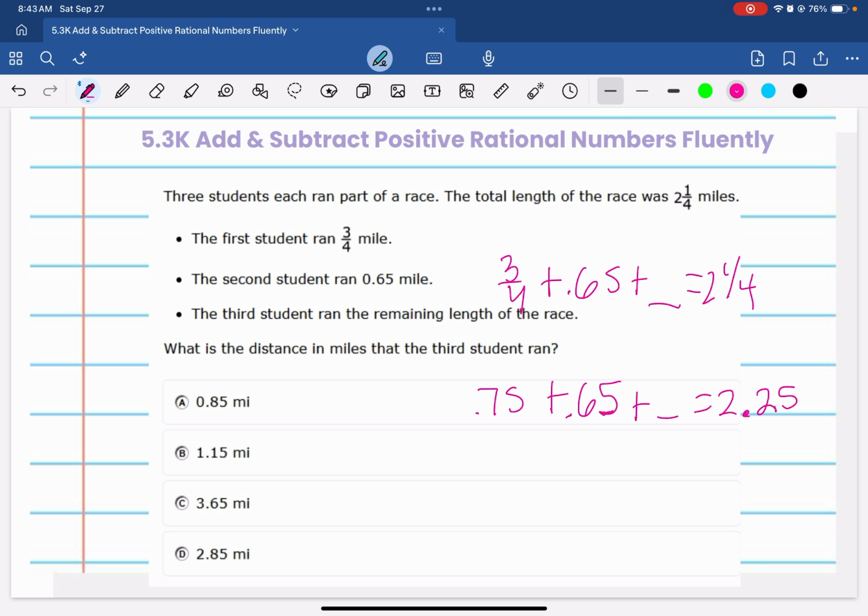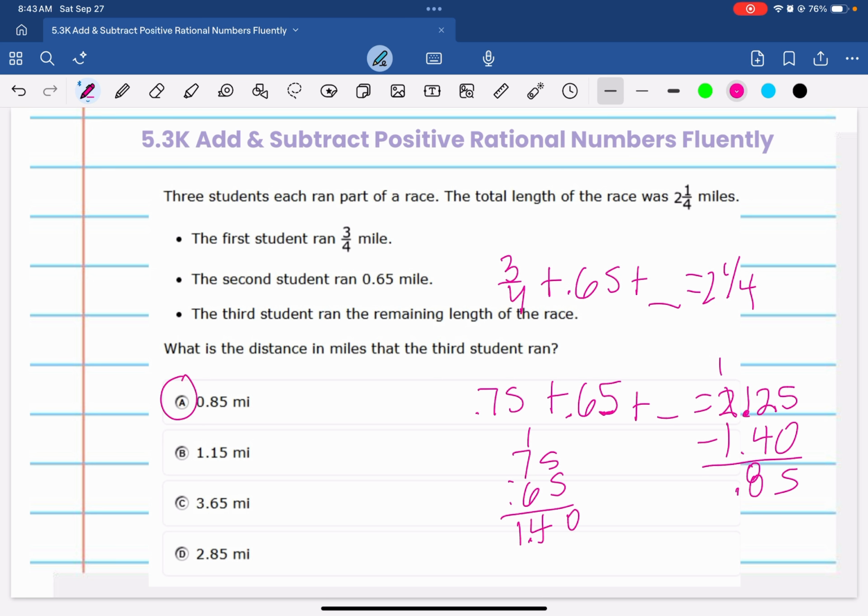All right, so what we're going to do is add the first and the second distance, and then we'll subtract it. Now, 1 and 40 hundredths or 1 and 4/10, it's all good, works the same way. We're going to subtract that from the total. We'll regroup. You end up with 85 hundredths.